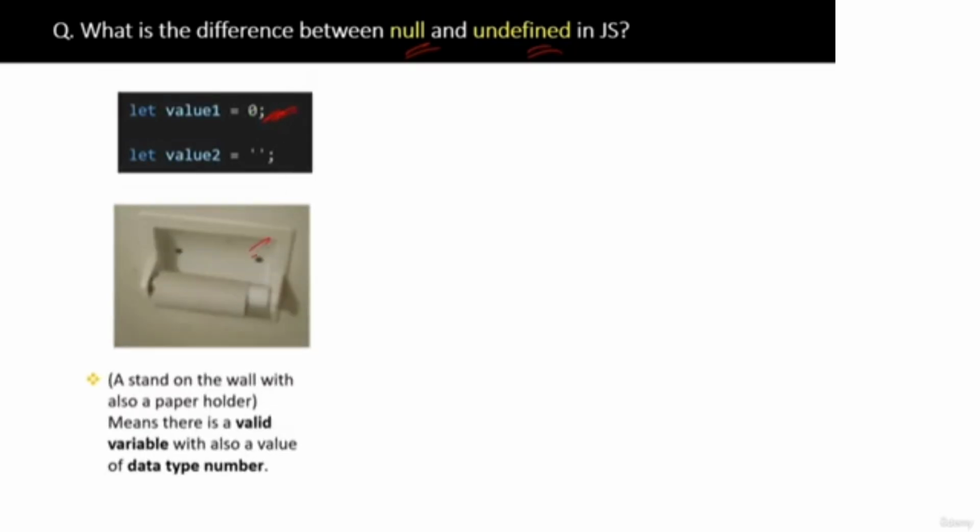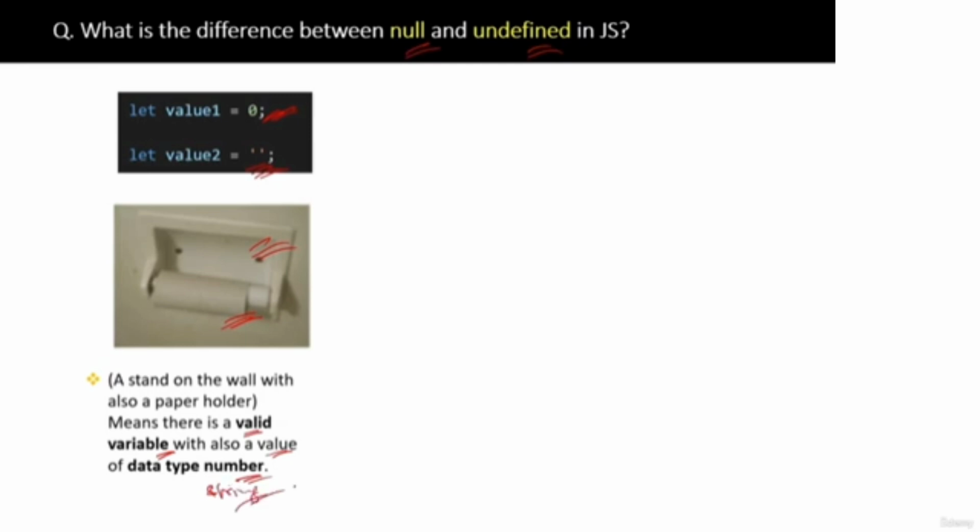What is the difference between null and undefined in JavaScript? Let's first understand the conceptual differences between them. Suppose you have a variable with a value of 0. This is something like a stand on the wall with a paper holder. That's an example. This means there is a valid variable with a value of the data type number. That is clear. If the value is empty, then it means it is a string data type, right?